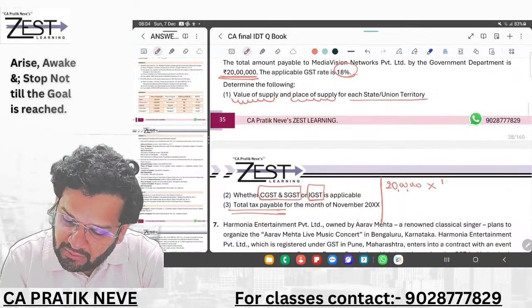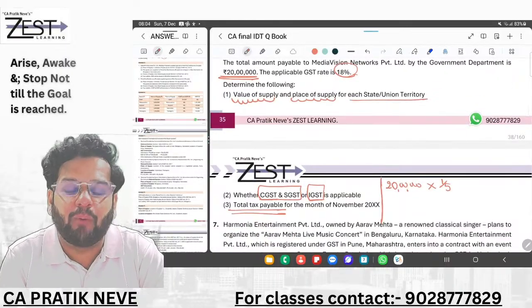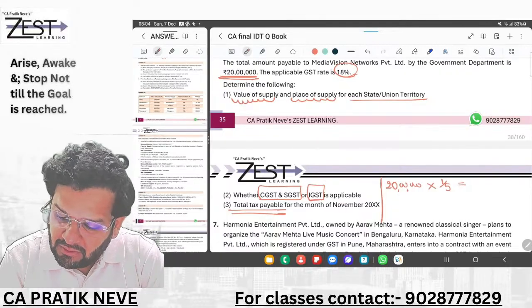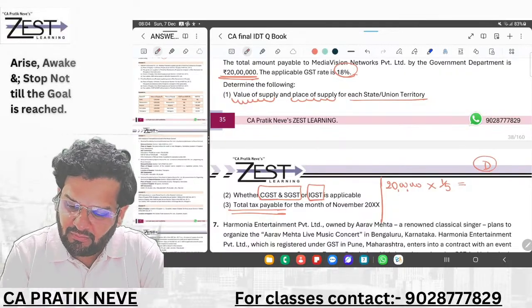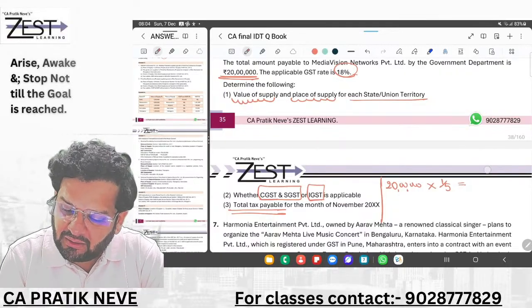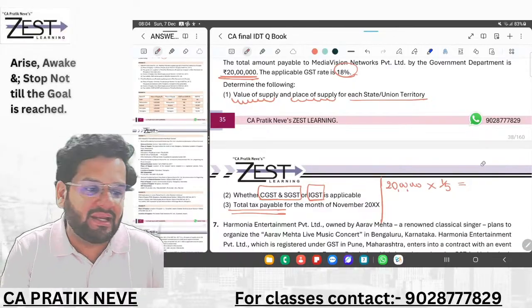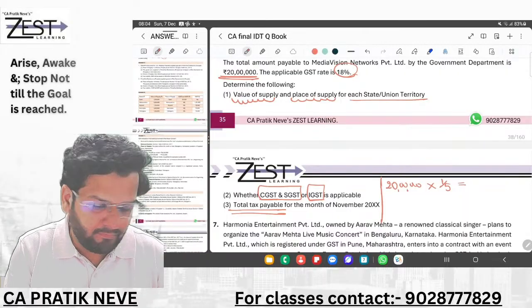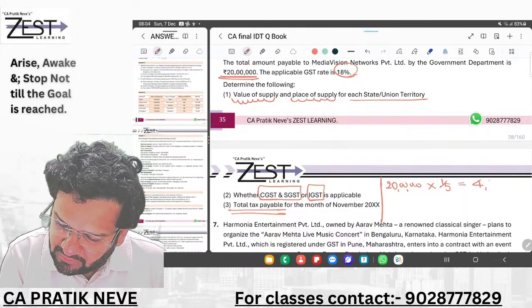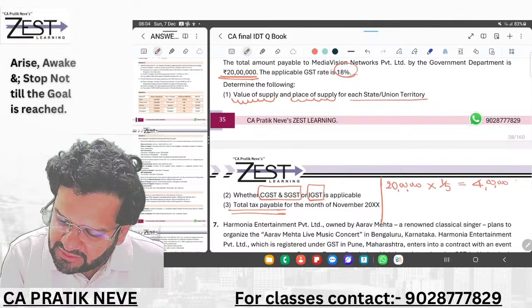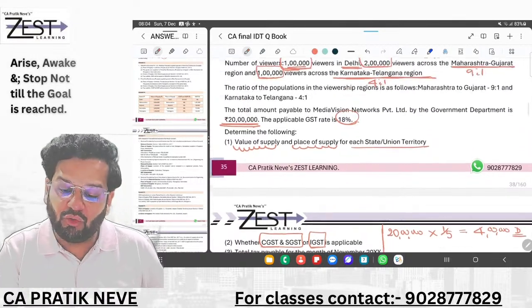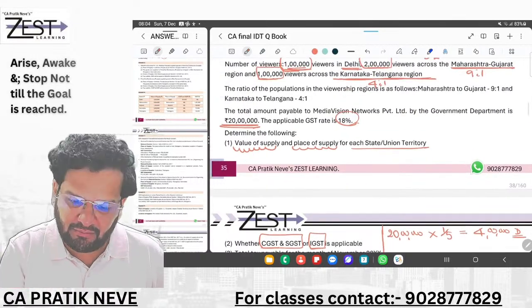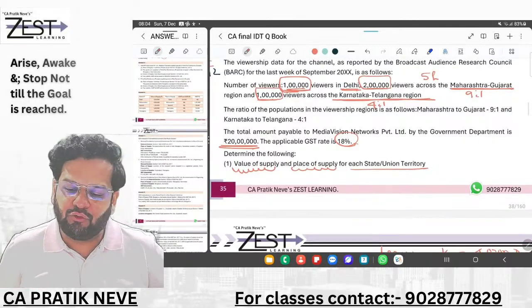So 20 lakh into 1 by 5. So it is 4 lakh. So Delhi is fixed at 4 lakh. My bad.